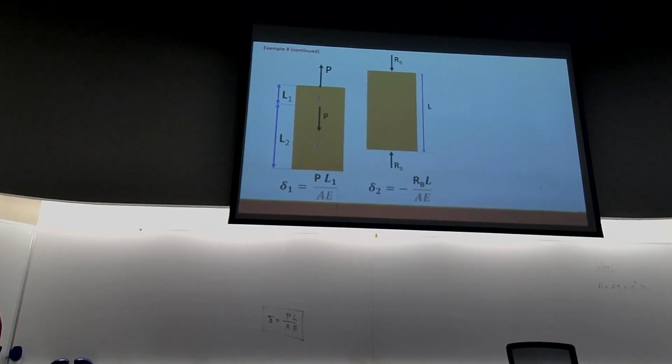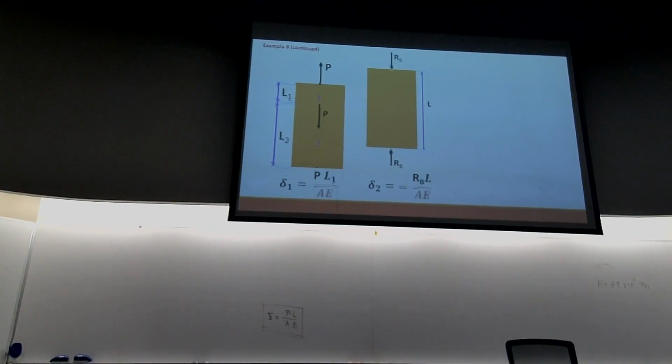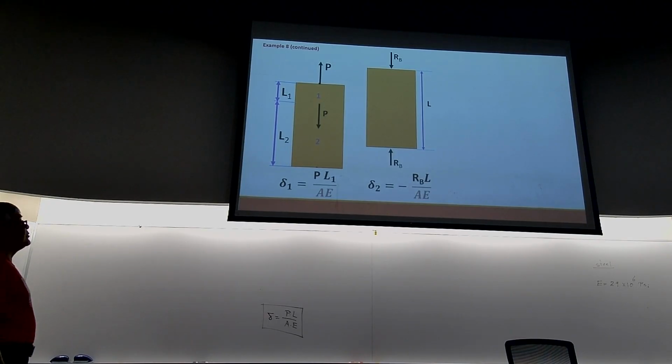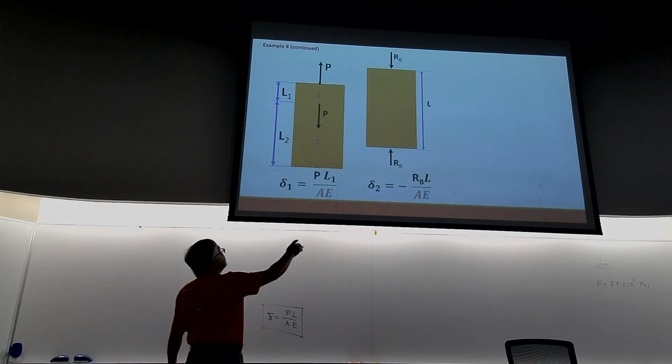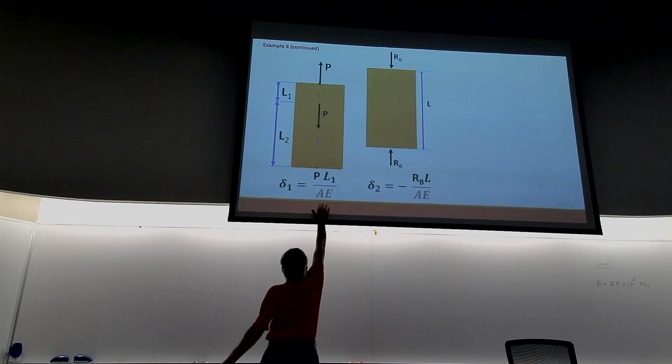So you can see that segment 1 is being stretched by force P, and segment 2 doesn't deform at all because there is no force applied to it. So delta 1 will be PL1 divided by AE, as shown here.